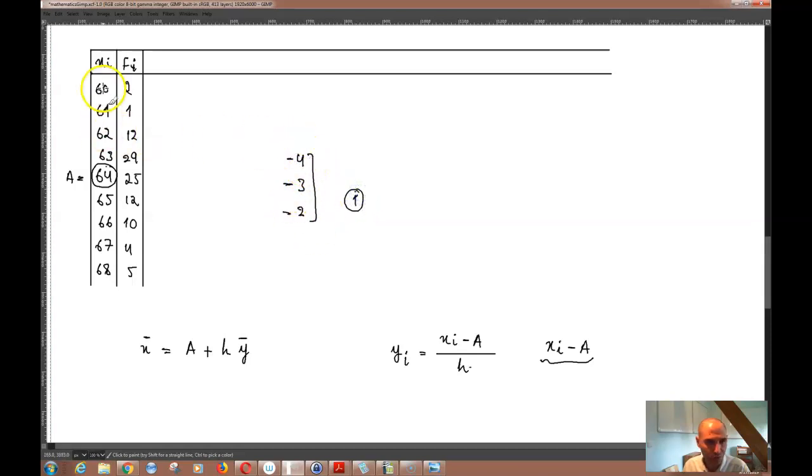So I'm going to take my h as 1 and take a as 64.